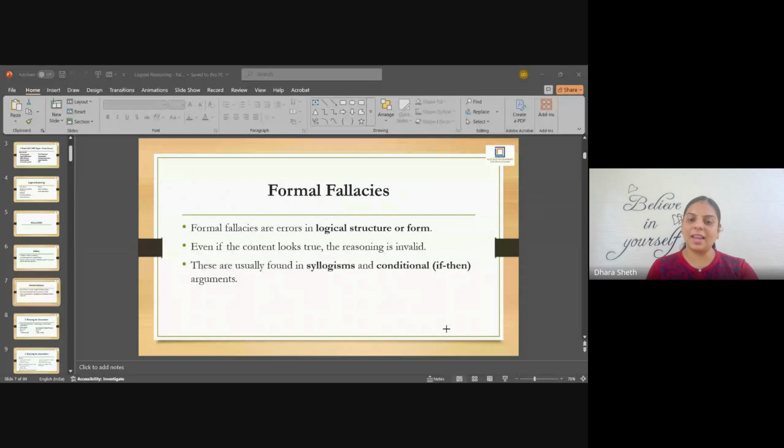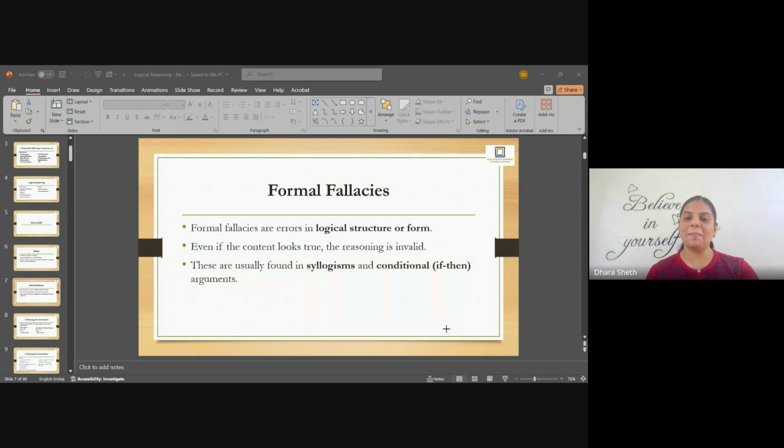If one premise is negative, then the conclusion has to be negative. If there are two negative premises, there cannot be any conclusion. If there are two particular premises, there cannot be any conclusion. So based on errors of this kind, whatever fallacies are there, they are called formal fallacies.